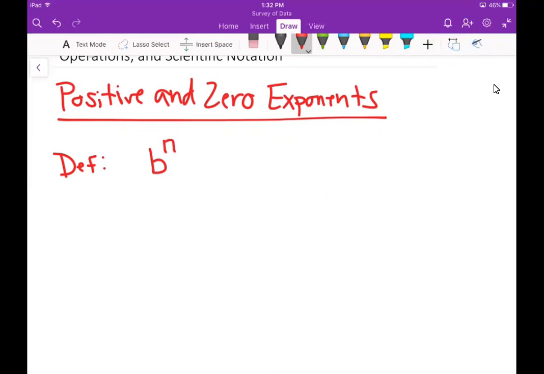So what this means is that we have repeated multiplication going on. So we have whatever that base is multiplied times itself, however many times that exponent, that superscript, tells us. So we multiply by that base however many times the exponent says, n times.